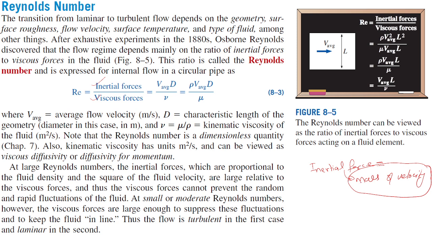It depends on how much velocity and how much mass. So this is represented by inertial forces. Previously, what we have discussed already, your m dot is what? Rho V average into area of cross section.